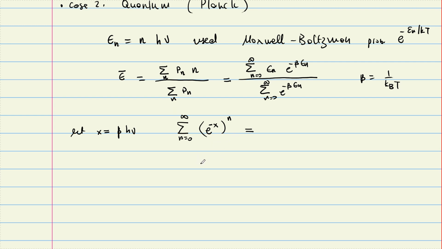So if you have something like 1 plus u plus u squared plus u cubed plus u to the fourth, what is the result? 1 over 1 minus u, but u in this case is e to the minus x, right? So I can clean that. And let's now put back what x is. This is 1 over 1 minus e to the minus beta h nu.